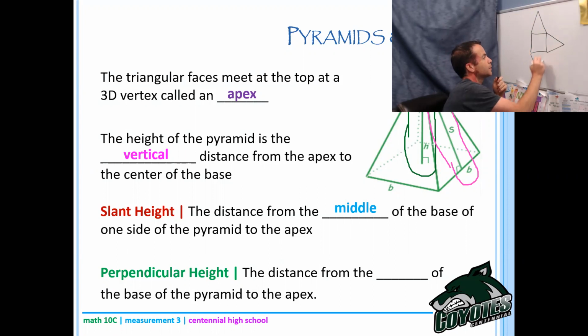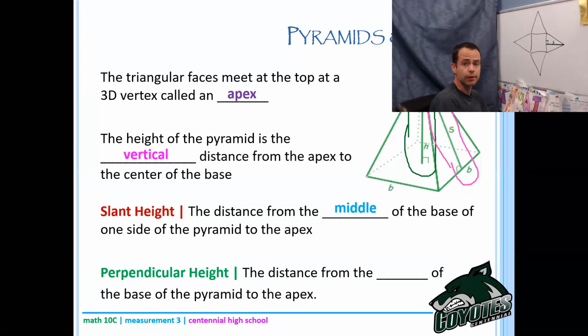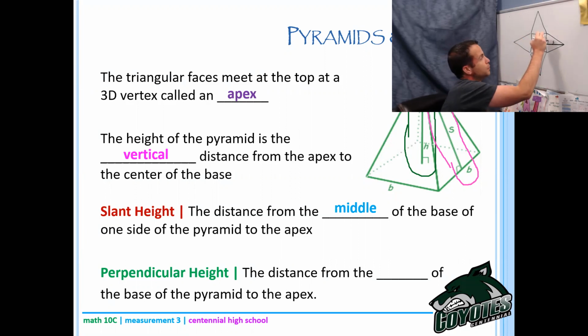If I collapsed all the shapes, it would look something like that. The slant height is actually the height of the triangle. Remember that to find the area of a triangle, we need base times height divided by 2. So this would be the base of the triangle, this would be the height of the triangle, and then I would divide by 2.